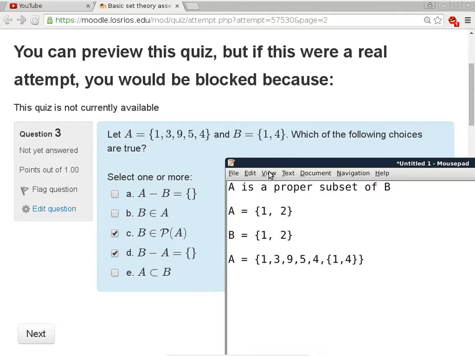It depends on whether it is still enclosed by curly braces. If it is like this, it's not an element because you need both 1 and 4 in a set, and that set being an element of A in order for B to be an element of A.